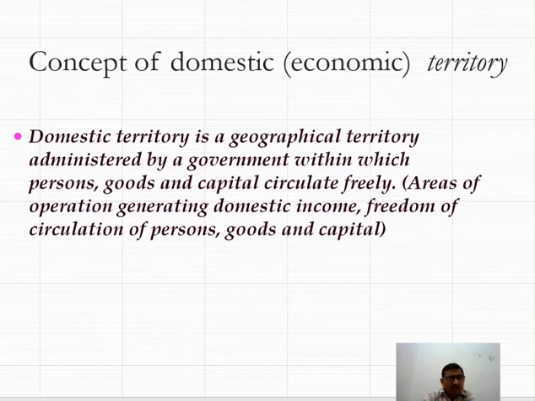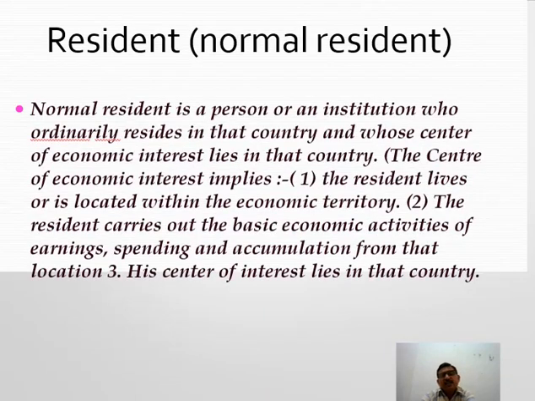Now another concept in this lesson is resident. In brackets I have written normal resident, meaning the persons who normally live in a country and whose economic interest also lies in that country, or whose center of interest is also in that country. Center of economic interest means the resident lives within that country for more than 1 year, and all his economic activities are also in favor of that country.